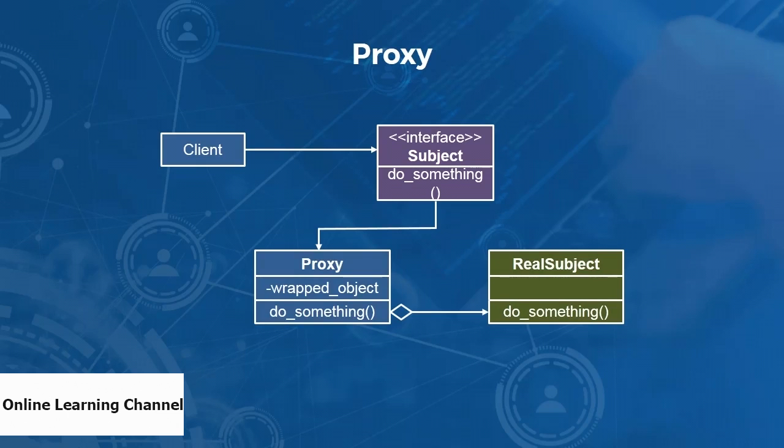The real subject contains the code that performs the actual operation. And once the operation has been performed and the results have been received, these results are then passed back to the proxy. The proxy will then pass this information on to the interface, and from the interface, it will move on to the client, and the client will receive the results that the client wanted or was looking for.